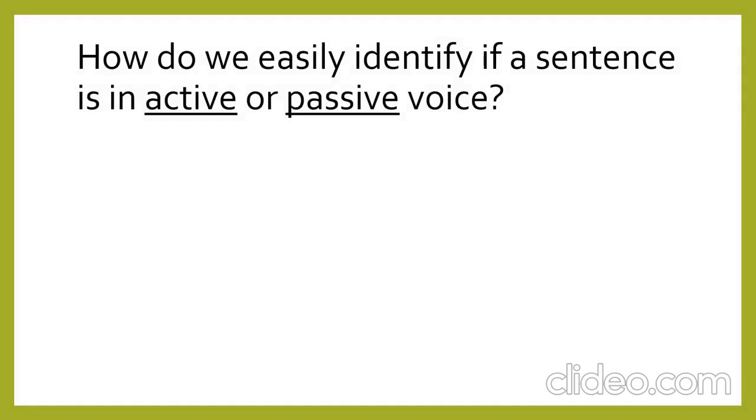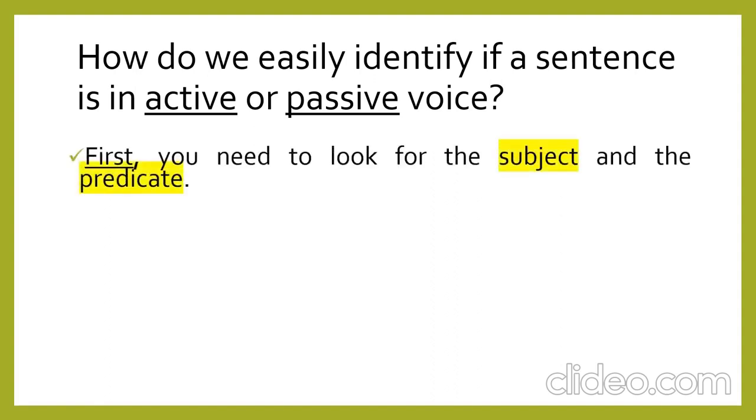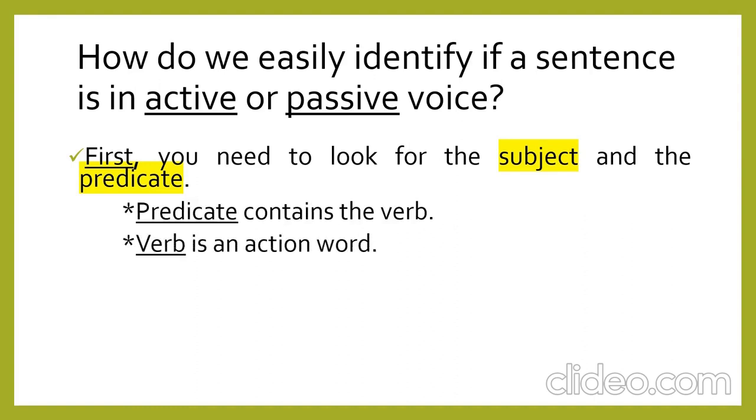Now, how do we easily identify if a sentence is in active or passive voice? Students, I need you to listen carefully to this because this is quite confusing. First, you need to look for the subject and the predicate. Remember that a predicate contains the verb and verb is an action word. That's the first step. Look for the subject and the predicate.